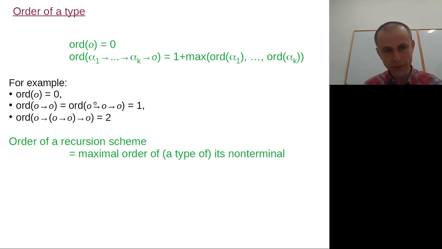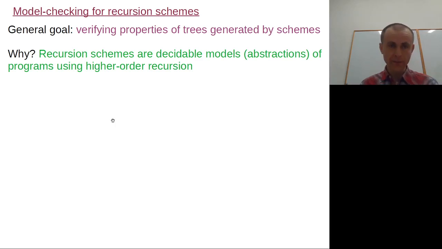Functions from trees to trees are of order 1, even if they take more trees. Now here we take a function of order 1 as an argument, so this type is of order 2. The order of a recursion scheme is just the maximal order of types used in its definition, so the maximal order of types of the non-terminals. This is the end of definitions.